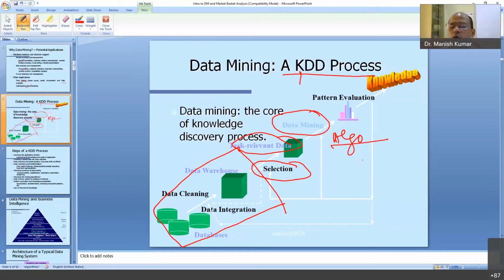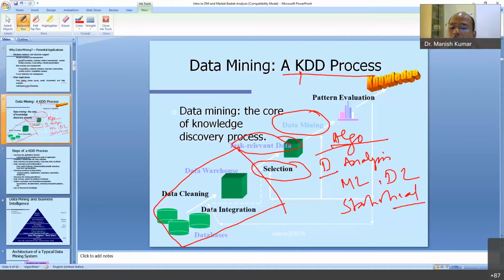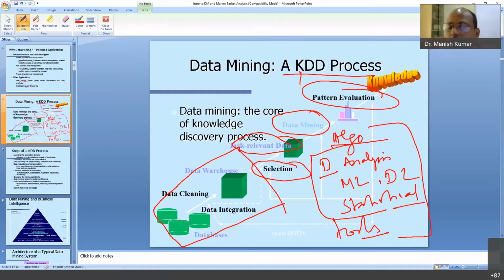Here you can apply any algorithm related to data analysis: ML, deep learning, any statistical methods, any sort of tools which give you patterns and interesting novel information as a result. When you generate these patterns, some of the patterns you declare as knowledge. These are the steps involved in this data analysis.